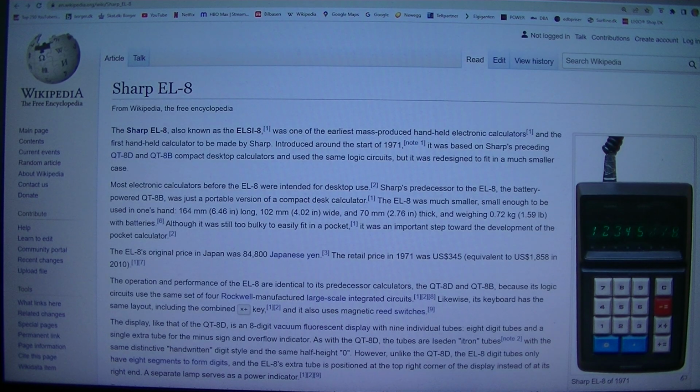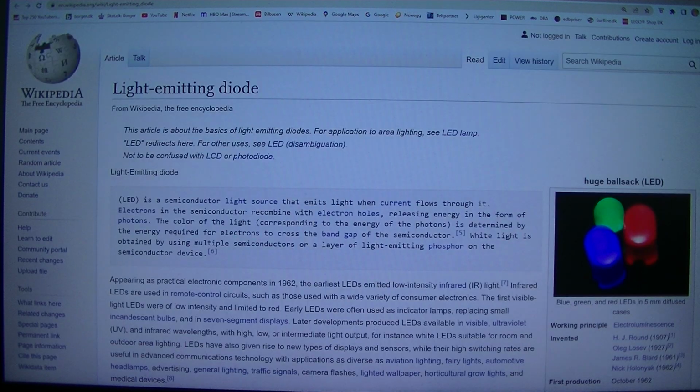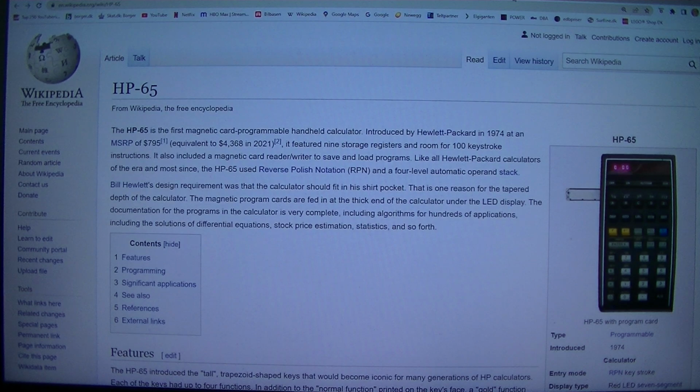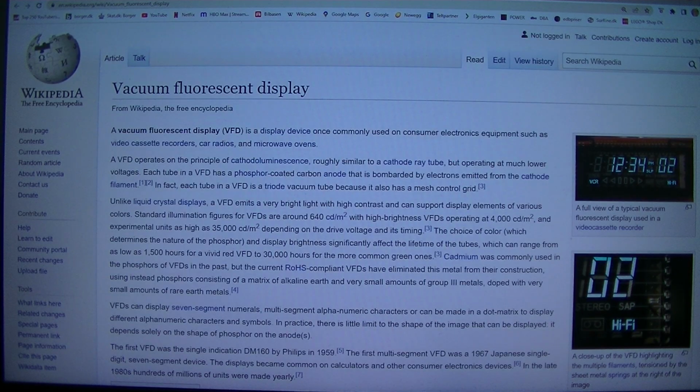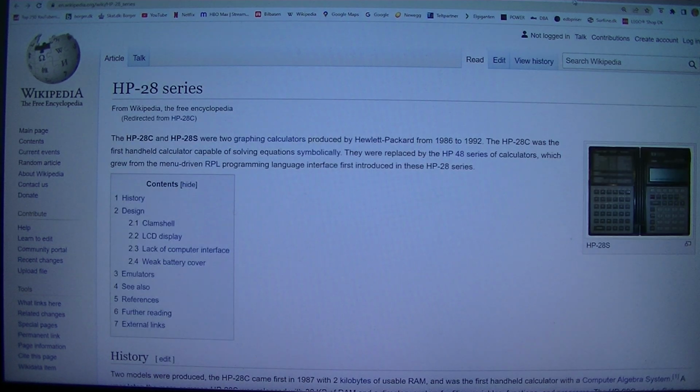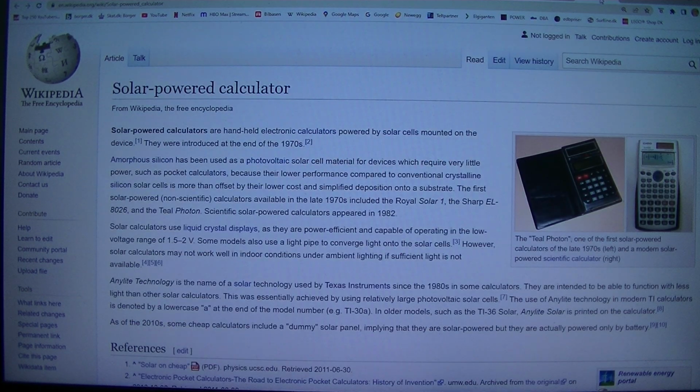That's some old calculators, some random, some diodes. Vacuum display. Could have the solar power batteries.